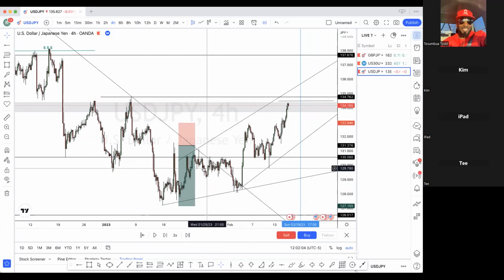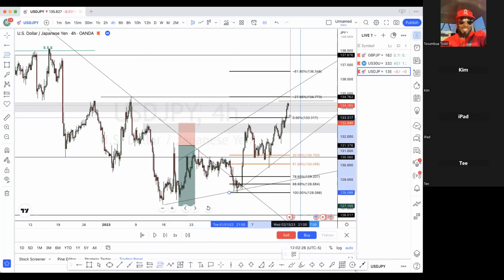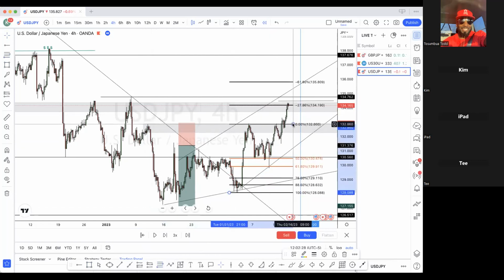Yeah, I could have gotten in at the break of this high right here, but this could have easily come here into the supply zone and started selling again, right? But it did go in there and start selling. That's what I mean. But when it started selling there, you can throw the fib on it from where it came from, right? True. I got you. And then it pulled right back to the 61, which is right where you needed it to pull back.